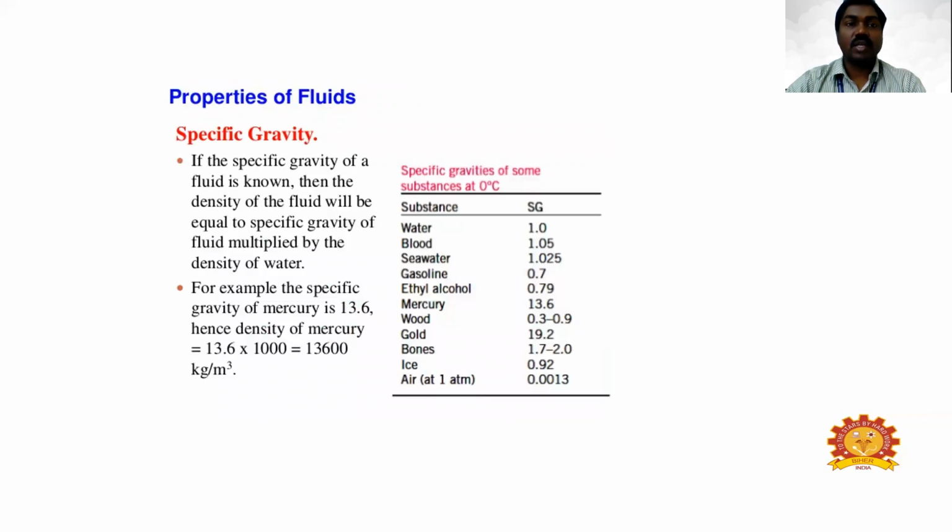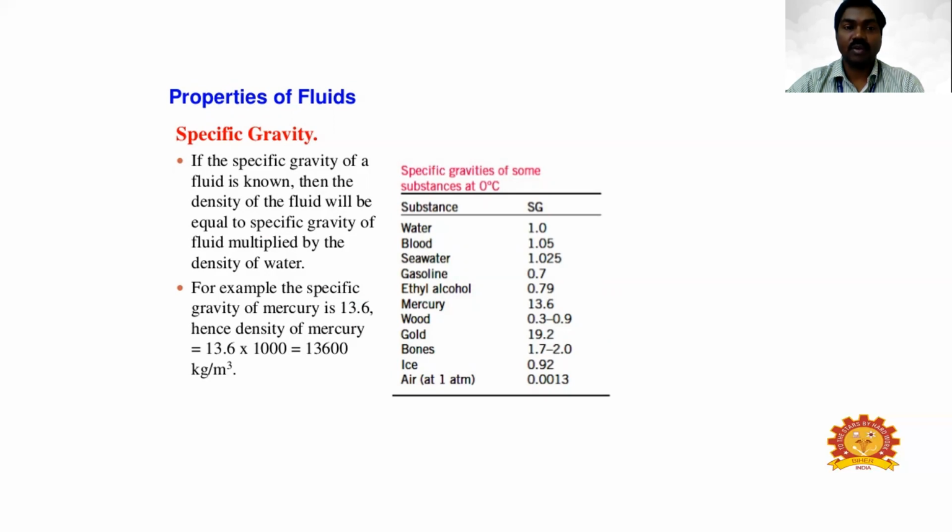The specific gravity will vary for the following substances. For water it is 1, and likewise for blood and sea water. Then there are mercury, wood, gold, bones, ice and air, as pictured here.